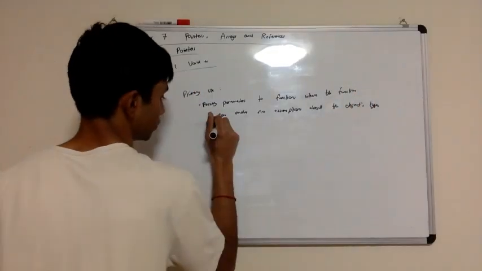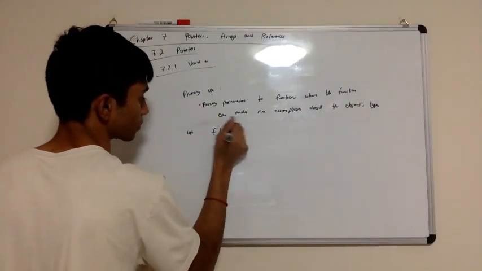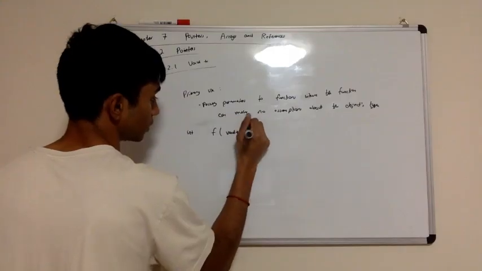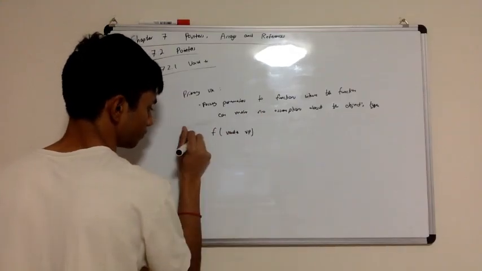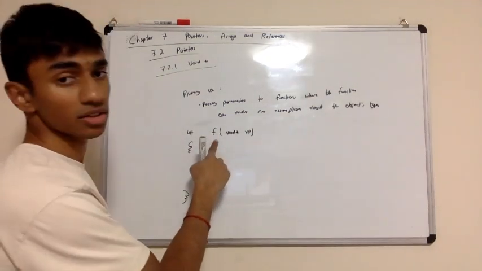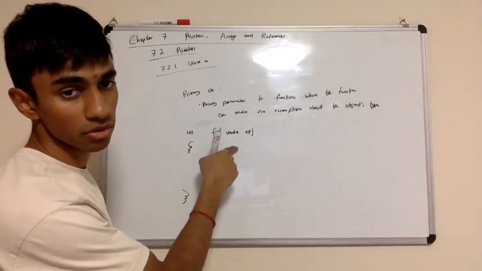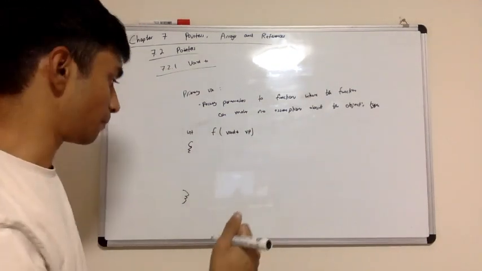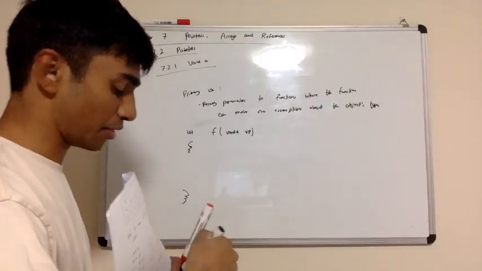So again, you have some function f, maybe it returns an integer. You take in a void star VP, and the only reason you do that is because the function is not meant to know anything about the object that VP points to. But beyond that, I don't really know.